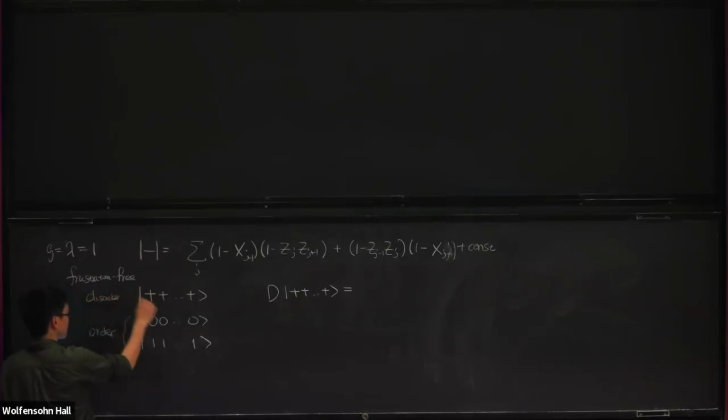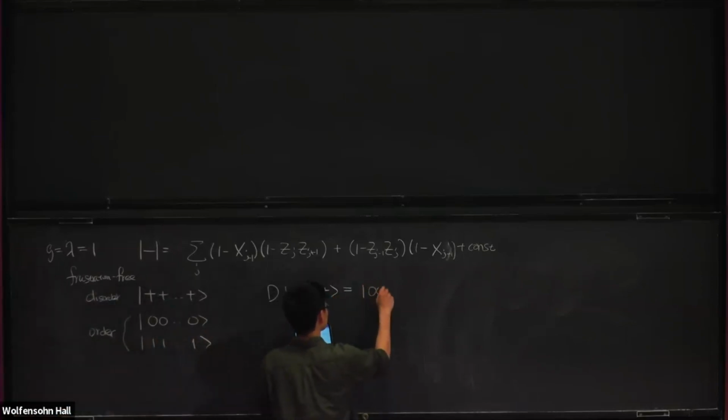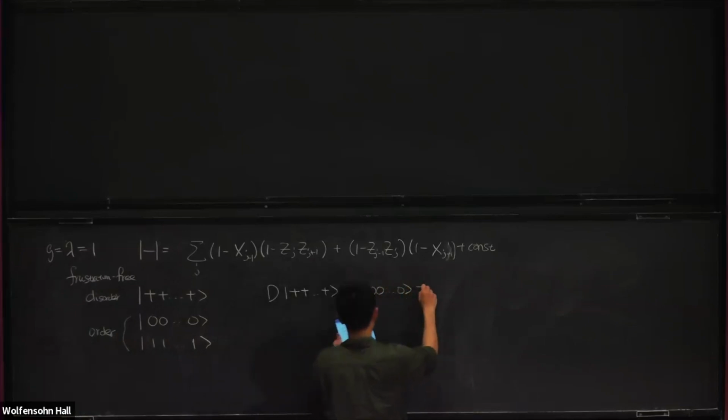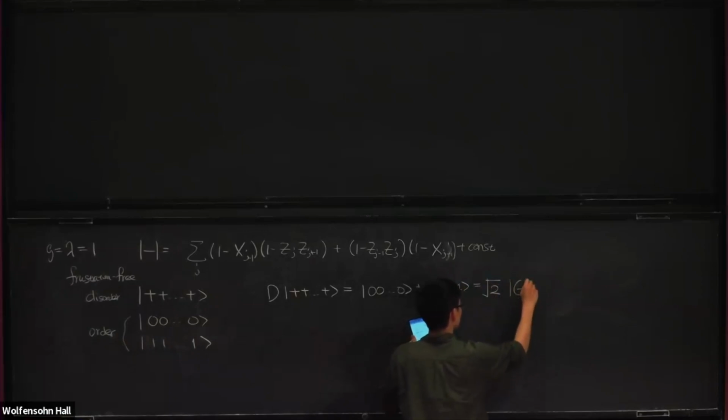And having a non-invertible symmetry means that the disorder and order coexist. So when D acts on this state, it gives you 0,0 plus 1,1,1, which, as was already commented, is root 2 times the GHZ plus state.